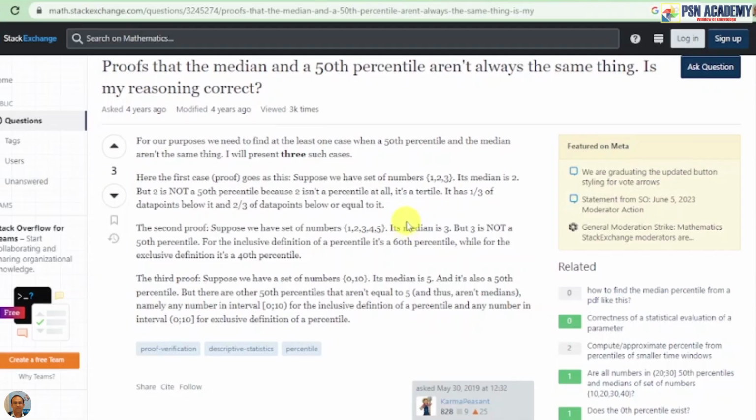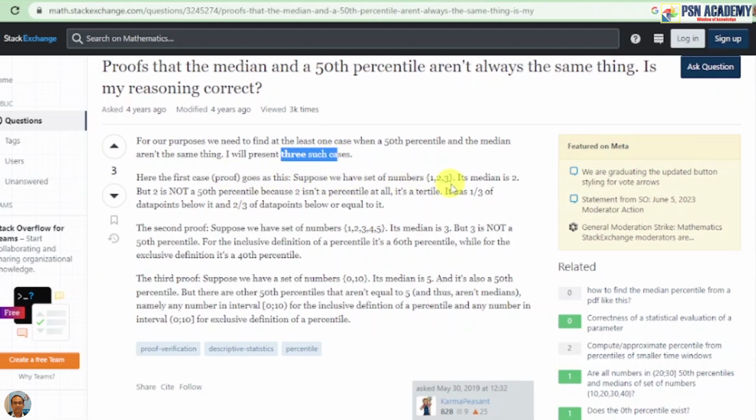Well, here we go with the first website I will mention here, that is math.stackexchange.com. And here one question has been placed by Karma Peasant that proves that the median and a 50th percentile aren't always the same thing. Now you see here he has presented three cases.